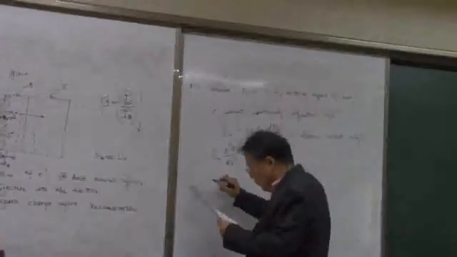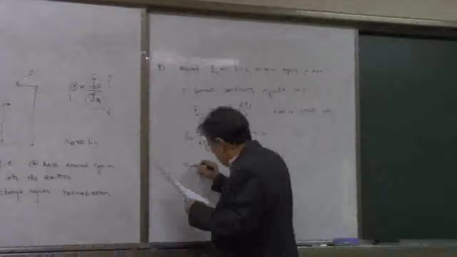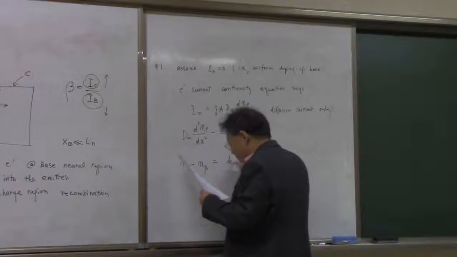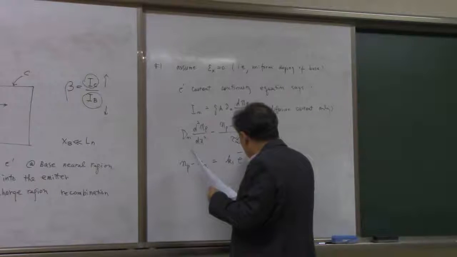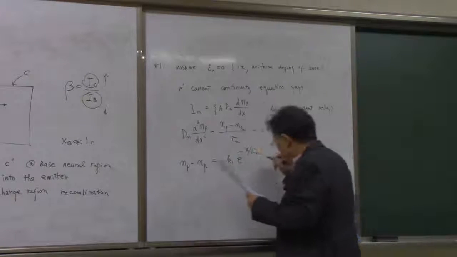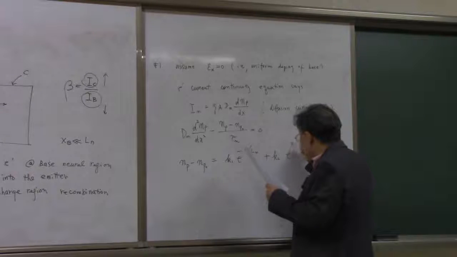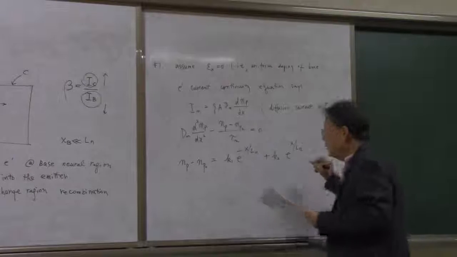And the general solution of this is n_p minus n_p0 equal to k1 e to the minus x over L_n. This one we have done in the diode section, right?